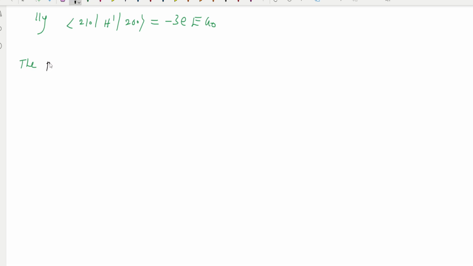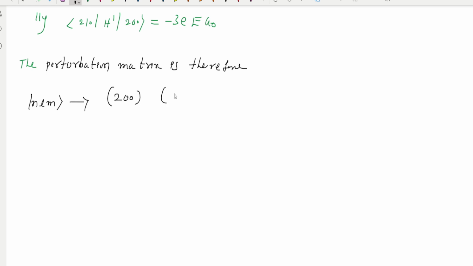The perturbation matrix is therefore, this is perturbation matrix LM, right? 200, 210, 211, 21 minus 1, right?